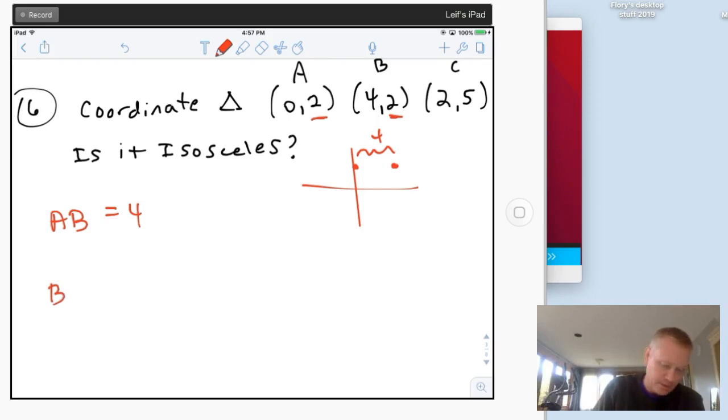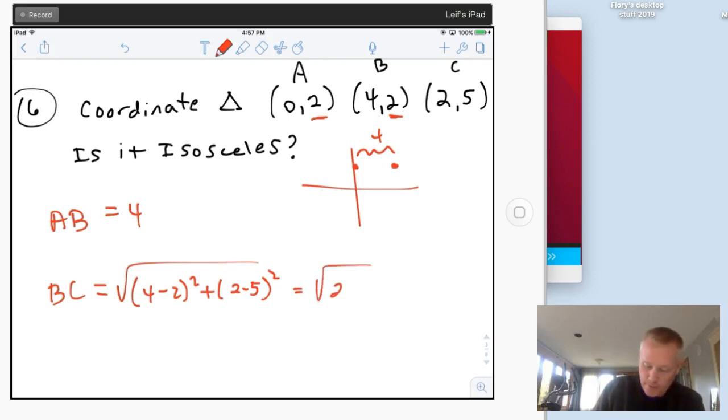Okay, BC, if I go 4 minus 2 plus 2 minus 5, the square root. So that's 2 squared, and that's 3 squared, which is 4 plus 9, √13.